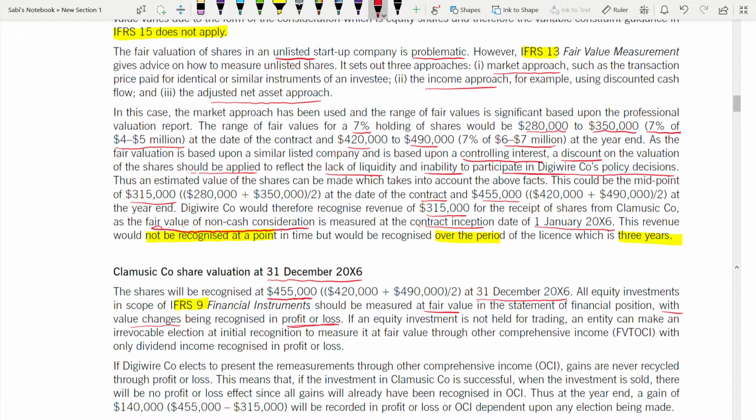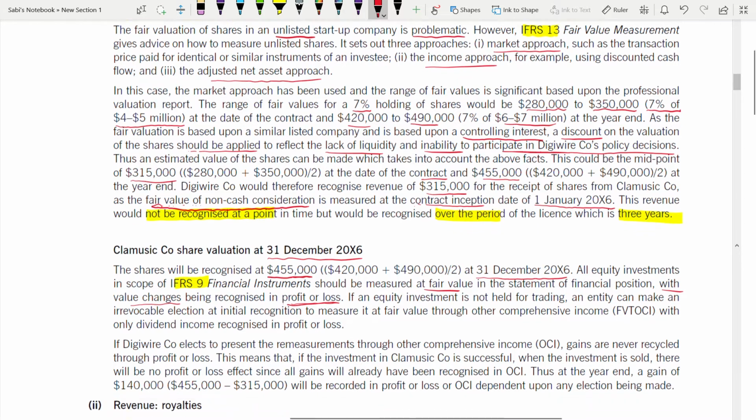That is only when the investment is not held for trading. But here, this equity investment is held for trading or not? We'll read the next paragraph.